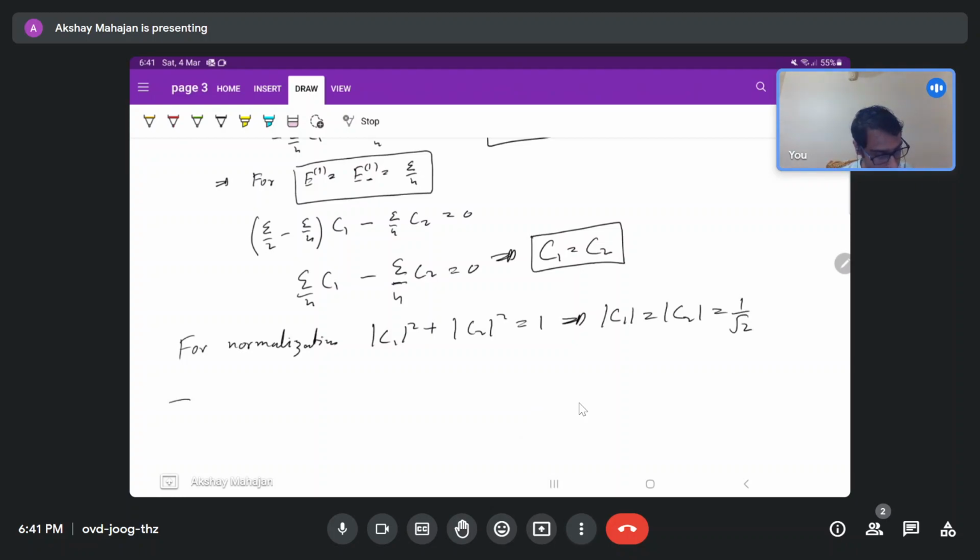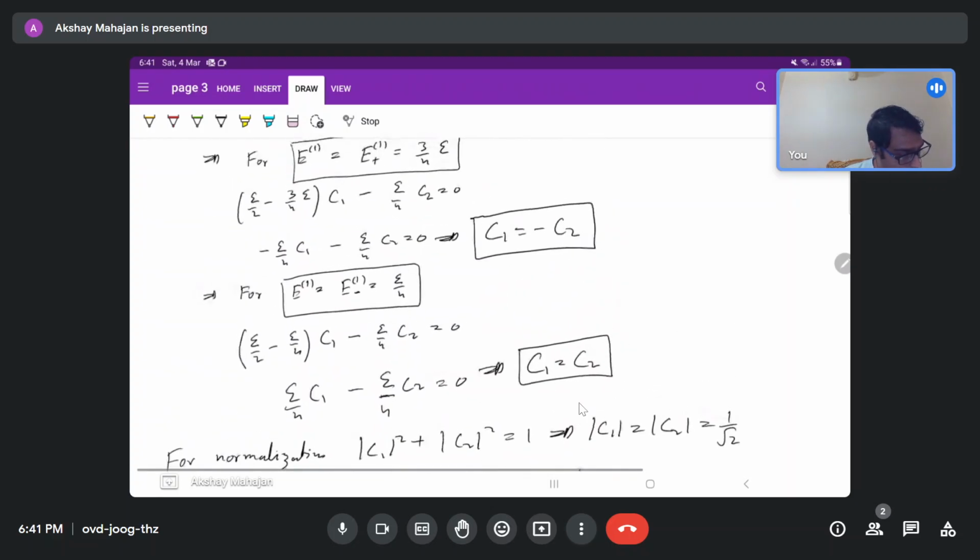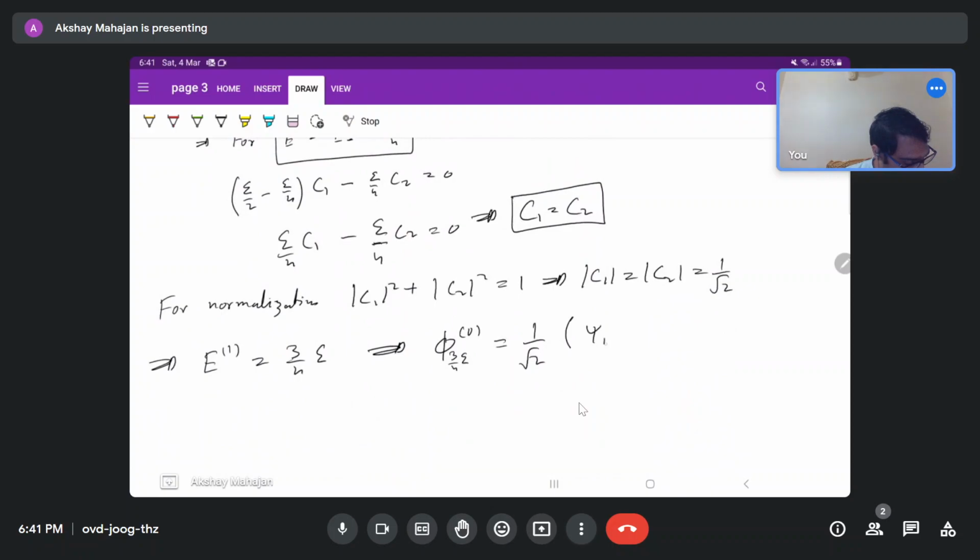So basically for E1 equals to 3 by 4 of epsilon, our new phi function of the 0th order will be equal to 1 by root 2 times psi 1 of the 0th order minus psi of minus 1 of the 0th order.